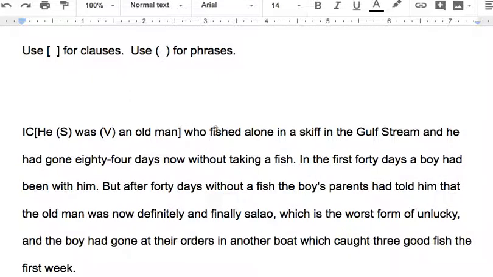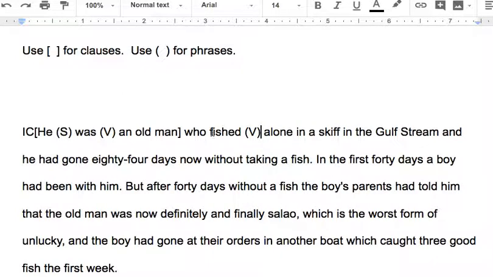Look for the next verb in the sentence, who fished alone in a skiff. So fished is our next verb. So let's identify that. To the left of that is our subject, but notice here we have who. It's a subordinator and a subject. Who, that, which are our three magic subordinators that can act also as a subject.